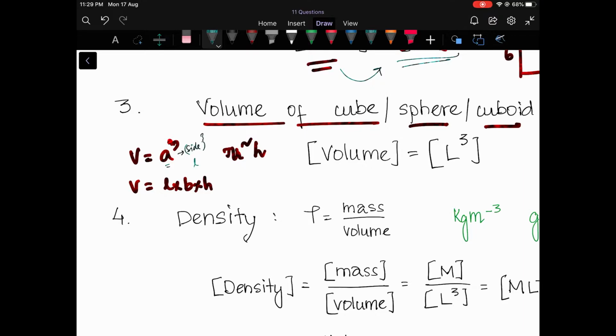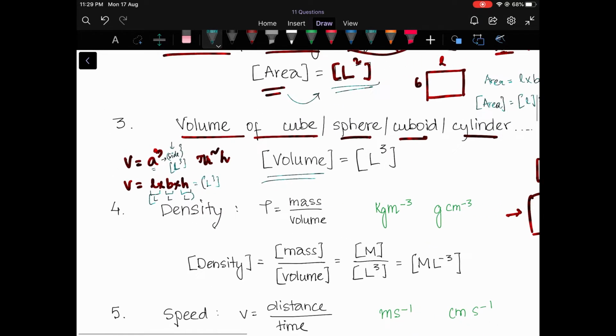That means the dimension is going to have length cube because side is nothing but length. This L is length dimension, breadth is length dimension, even your height is length dimension. So the volume of your cuboid is also going to have L cube as the dimension. So all the volume that we can talk about is going to have a dimension of L cube.